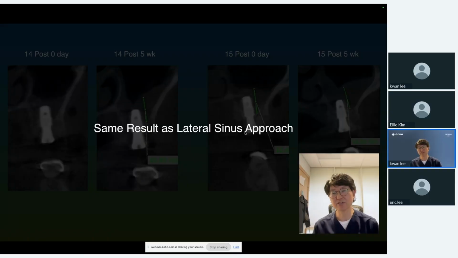Then I have to switch my surgical setting to the lateral sinus, which is a pain. But once I'm doing this closed chamber sinus elevation, I'm not really running into those kinds of problems. So now my proportion for sinus augmentation is lateral sinus maybe 20%, and 80% of my cases are dealt with this closed chamber sinus augmentation.